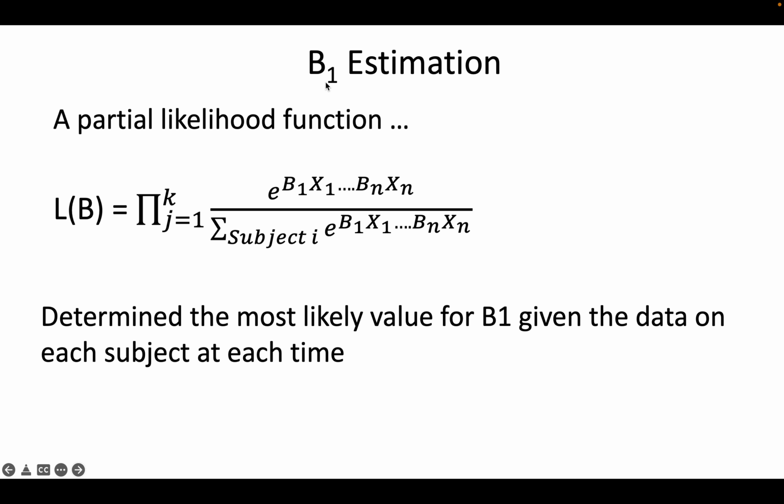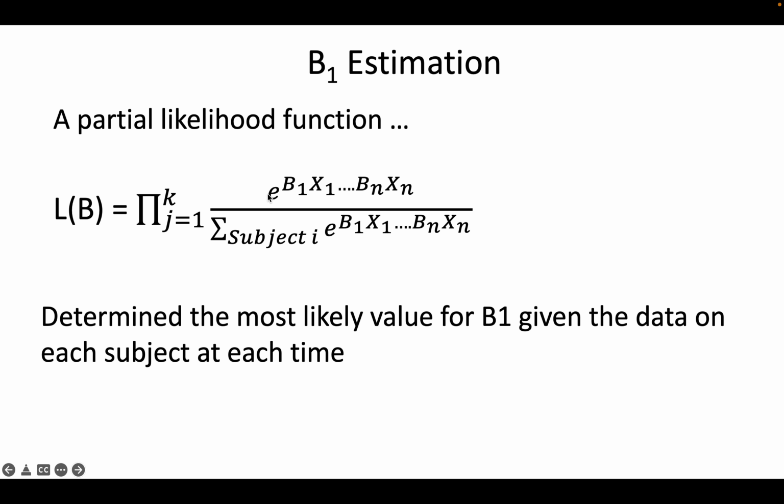And how beta is estimated is an iterative process that the software will do. We wouldn't do it, where this is the likelihood of a value beta. We're trying to maximize that likelihood given what we know about each subject at each time period, basically.